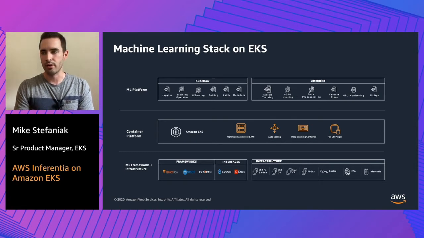Then at the container layer, you have things like the accelerated AMI that we have for EKS, deep learning containers, auto-scaling, the CSI plugin, and then at the top layer are the different platforms. So Kubeflow is a popular platform that runs, and then different enterprise tools that also run.